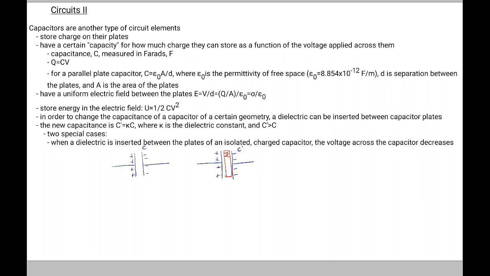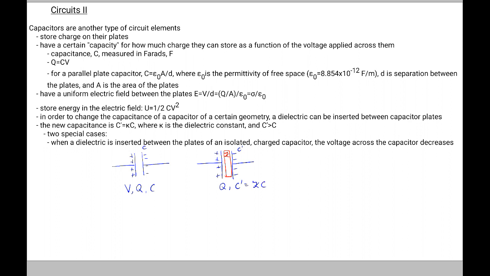We want to know how the voltage across the capacitor changes. In the first situation, we had voltage V, charge Q, and capacitance C. In the next scenario, the charge didn't change because we didn't provide it with more charge, but by inserting the dielectric we have a higher capacitance, kappa times C.